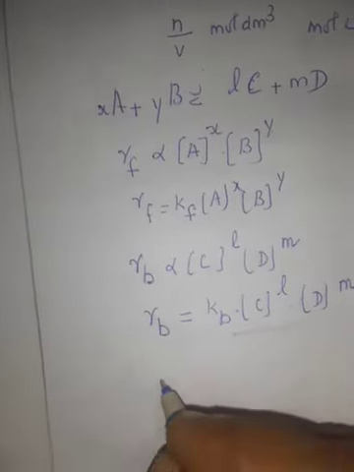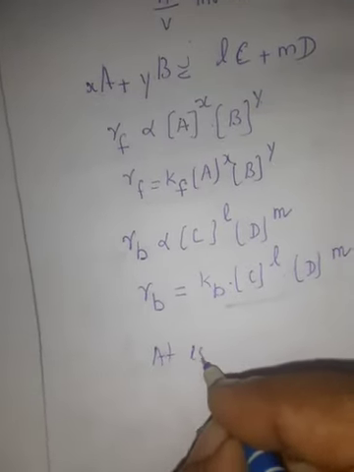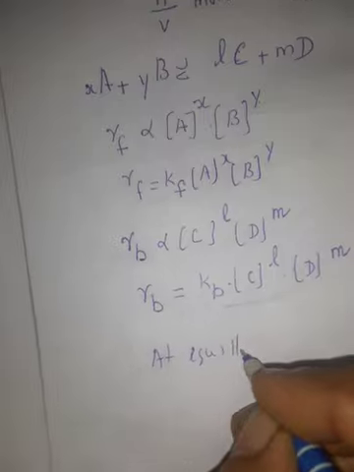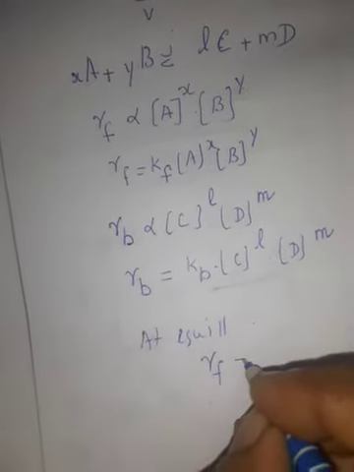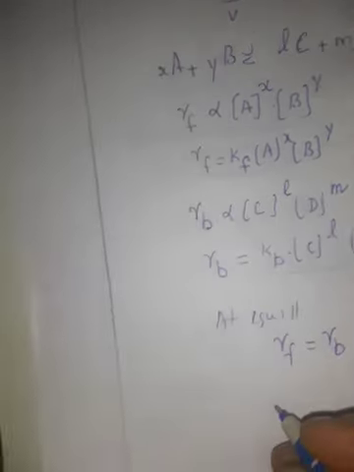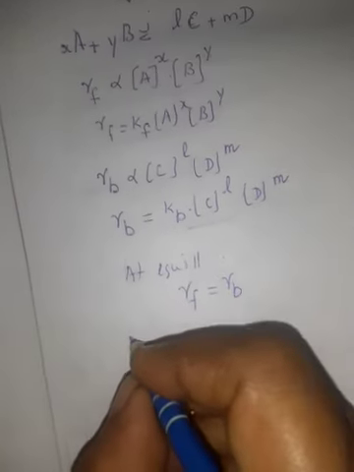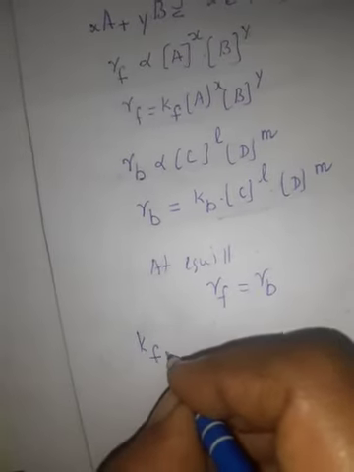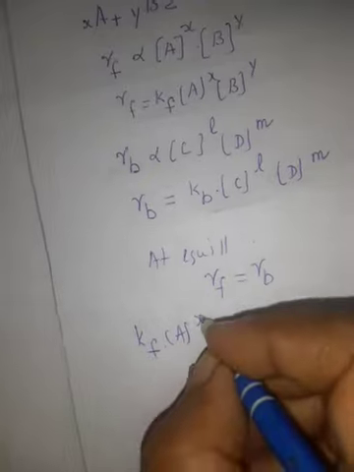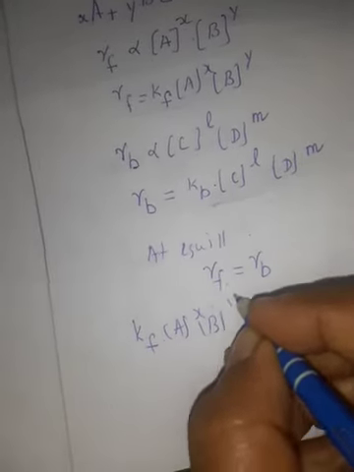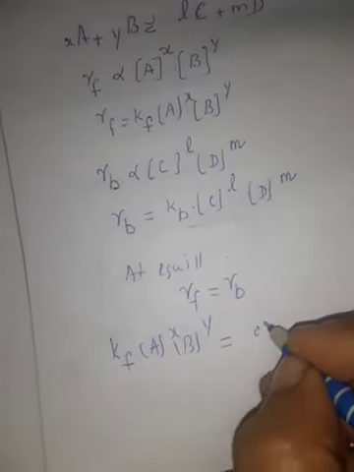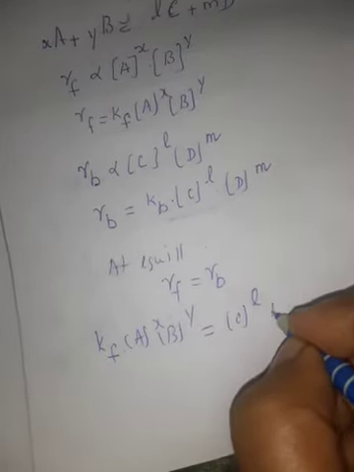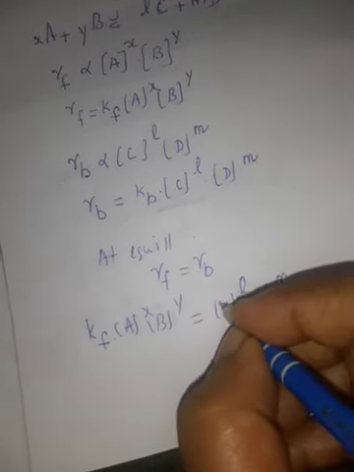At equilibrium, the rate of the forward reaction is equal to the rate of the backward reaction. So, Kf [A] power x [B] power y equals Kb [C] power l [D] power m.